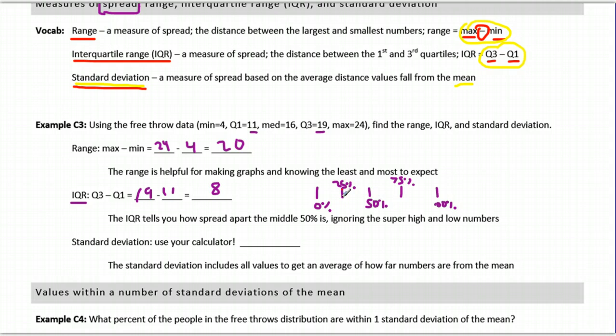When you go from the first quartile to the third quartile, you're going from 25 to 75%. This represents a total of 50%, the middle 50%. Because out on this side you've got 25, and out on this side you've got 25, and then in the middle you've got 50%. So the IQR tells you how spread apart that middle 50% is, and it ignores all the really big numbers and all the really small numbers.